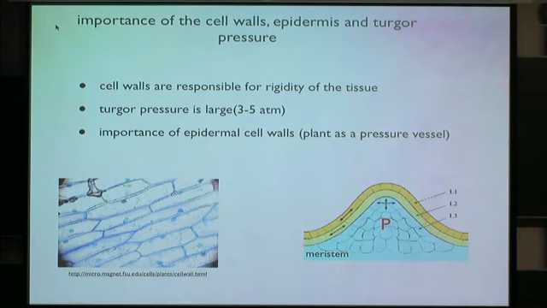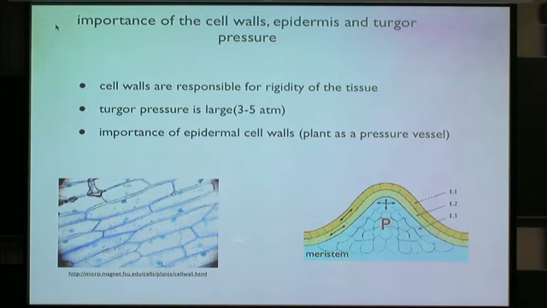And another key concept is that the epidermal cell layer, which is much thicker than the other cell walls in the plant, plays a very important role in patterning, because you can assume that this pressure can be cancelled out on the sides of the internal cell walls, which is not the case for the epidermal cell walls.